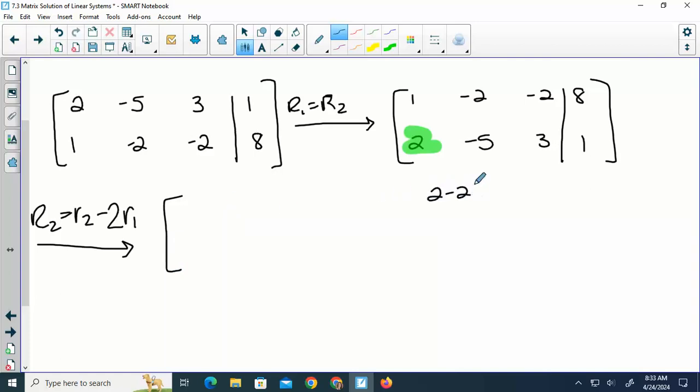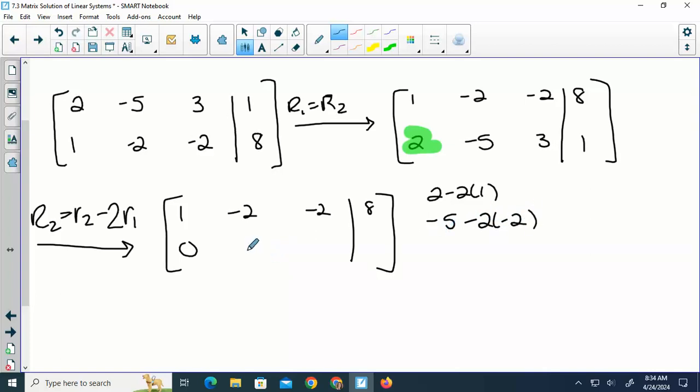So 2 minus 2 times 1 gives us 0. Negative 5 minus 2 times negative 2. So it's negative 5 plus 4, which is negative 1. 3 minus 2 times negative 2. So 3 plus 4, 7.